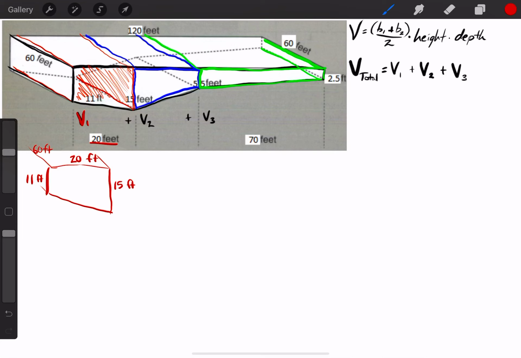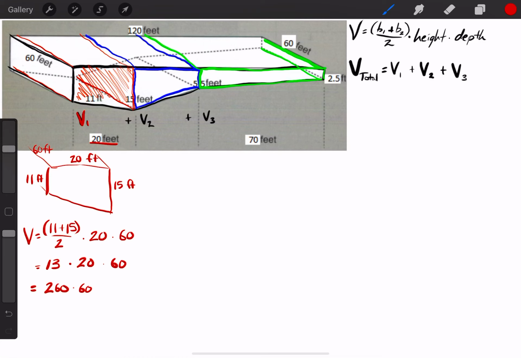So when we calculate the volume, we're going to take our two different bases and average them out: 11 plus 15 divided by 2. Then we're going to take that number and multiply it by the height and the depth. So our average base length is 13, since 26 divided by 2 is 13. Multiply that by 20 and multiply that by 60. 13 times 20 is 260.